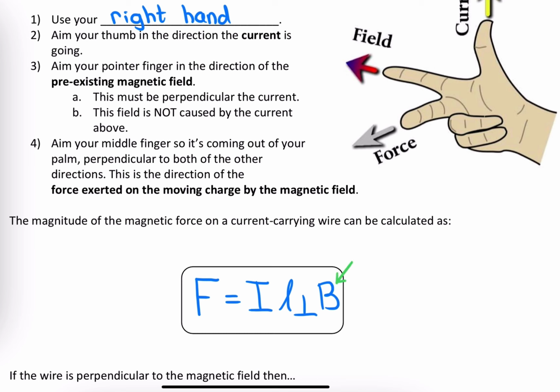B is our pre-existing magnetic field. Right, before I have any current or any force, I've got this magnetic field. That's this guy up there, my pointer finger.